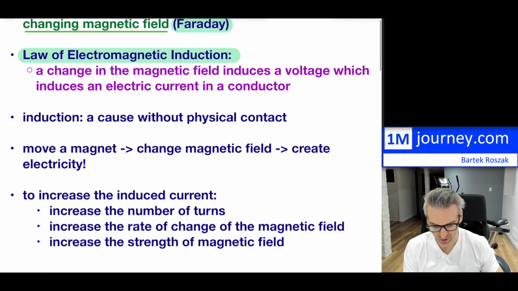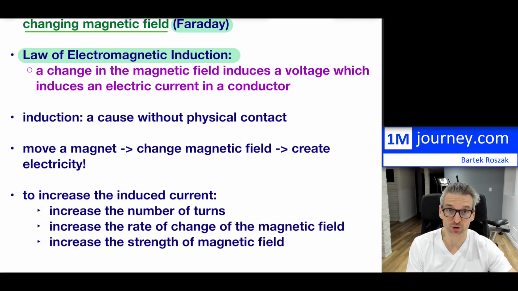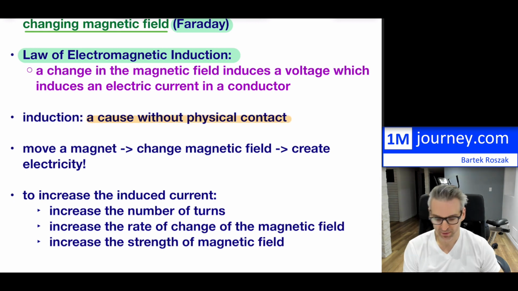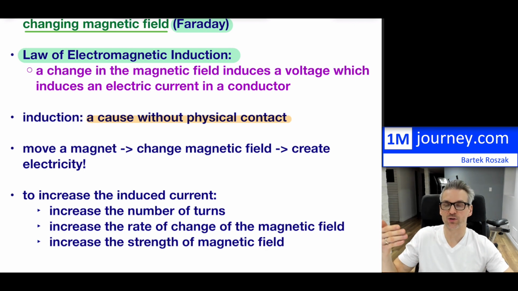Let's take a look at some of the other components. I've mentioned the word induced, or induction, several times. Technically, you can think of induction as something that causes or creates a change, but without any physical contact. So when we say a magnetic field which is changing is inducing a current, there is no actual physical contact, but it will have induced.